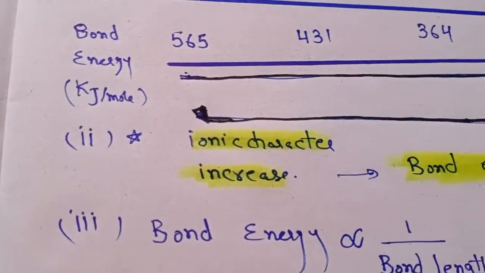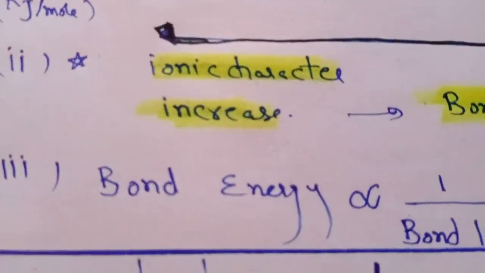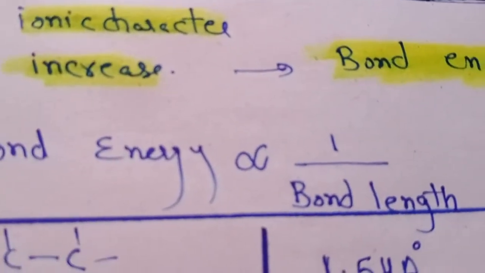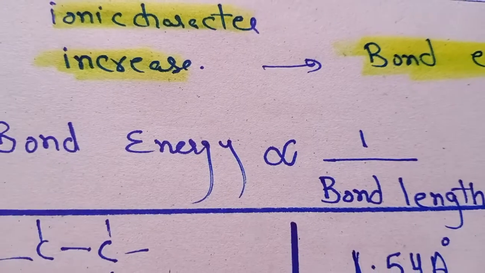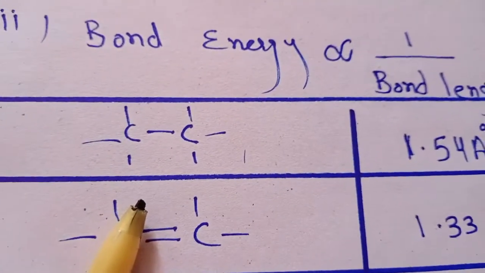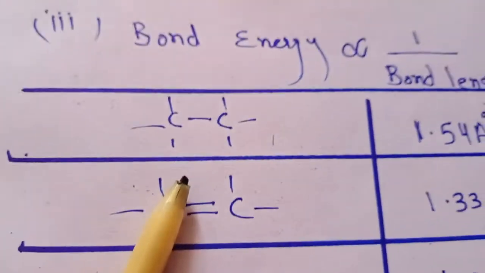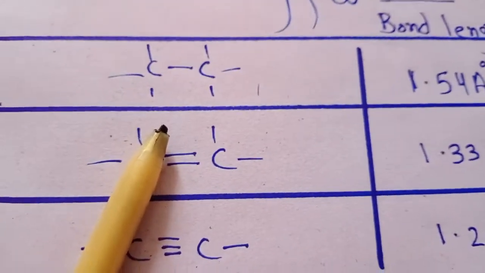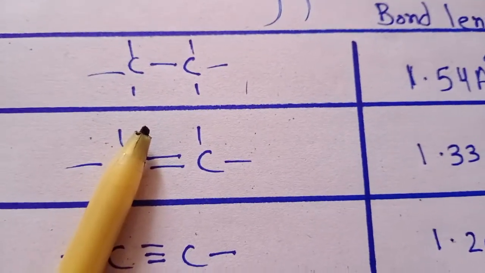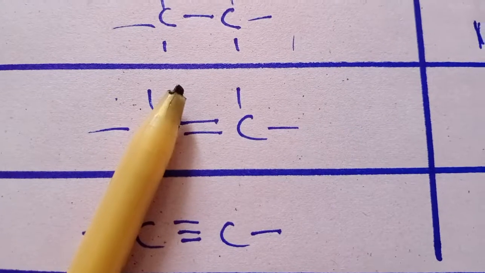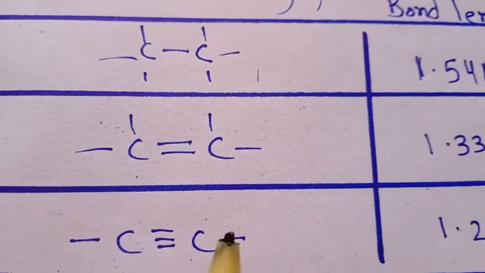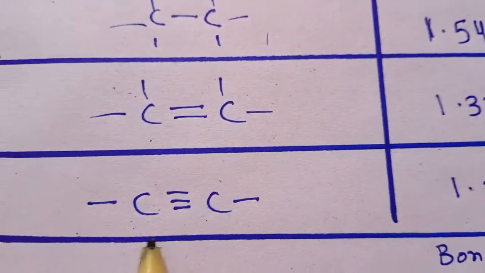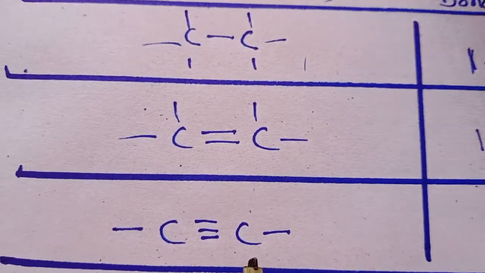Now comes the last point. Bond energy is inversely proportional to bond length. I can give you three examples: carbon single bond, carbon double bond, and carbon triple bond.